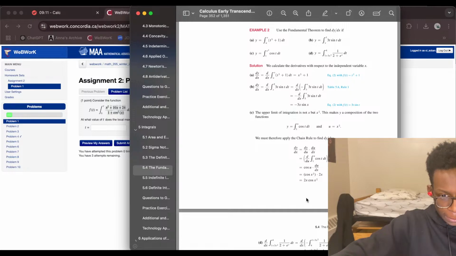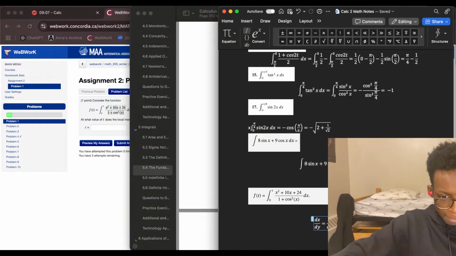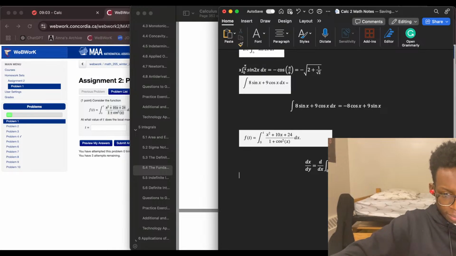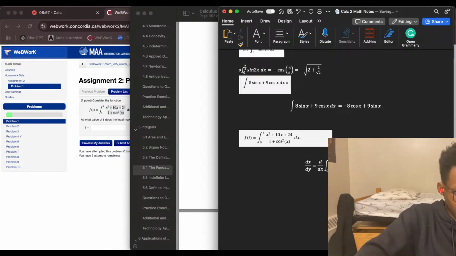Yeah, so minus 3x. Then you do the derivative and find t at 0. No way.